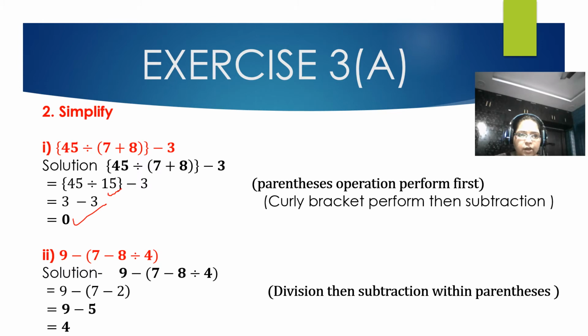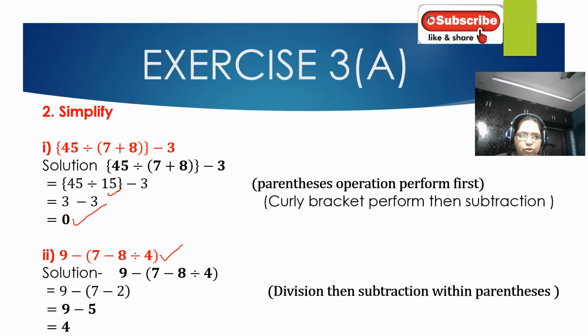Second part, 9 minus 7 minus 8 divided by 4. 7 minus 8 divided by 4 is inside the parenthesis. First, the operation inside the bracket is performed. Inside the parenthesis there are subtraction and division; in an expression, first division and multiplication operations are performed, then addition and subtraction.